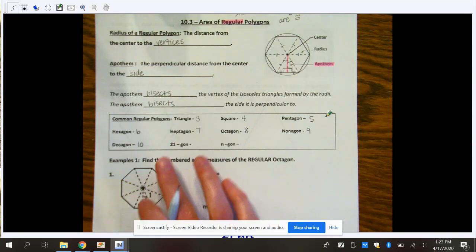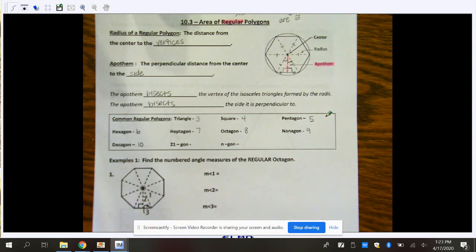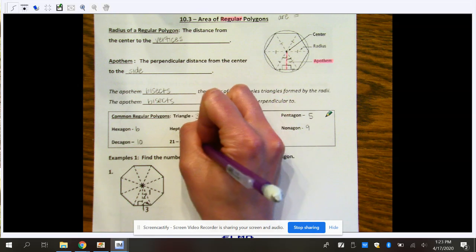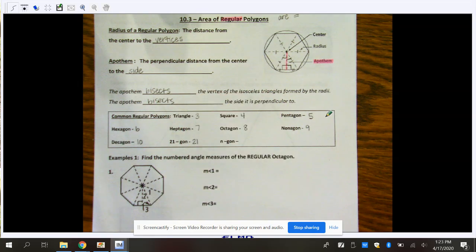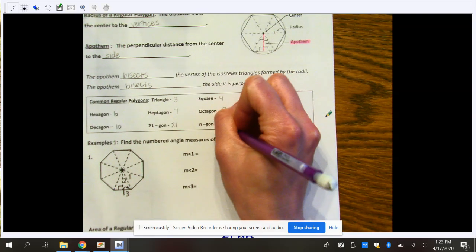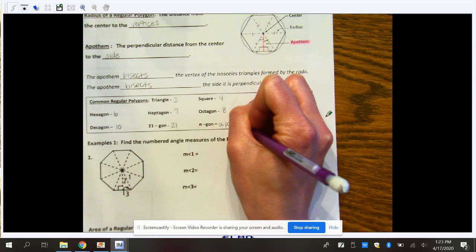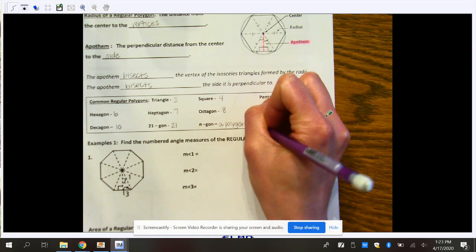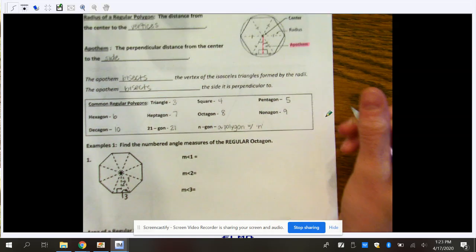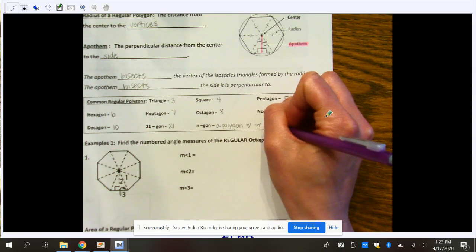It's just the number of sides then gon. So a 21-gon is a polygon that has 21 sides. An n-gon is a polygon with n sides. So you can say that for like a 15-gon, 16-gon, etc.